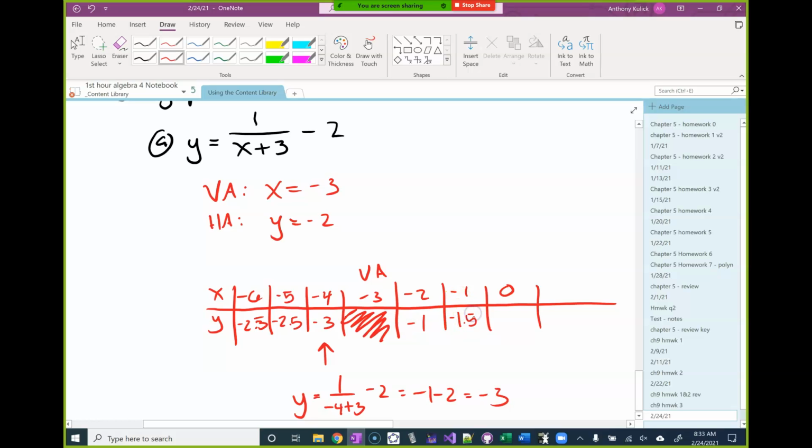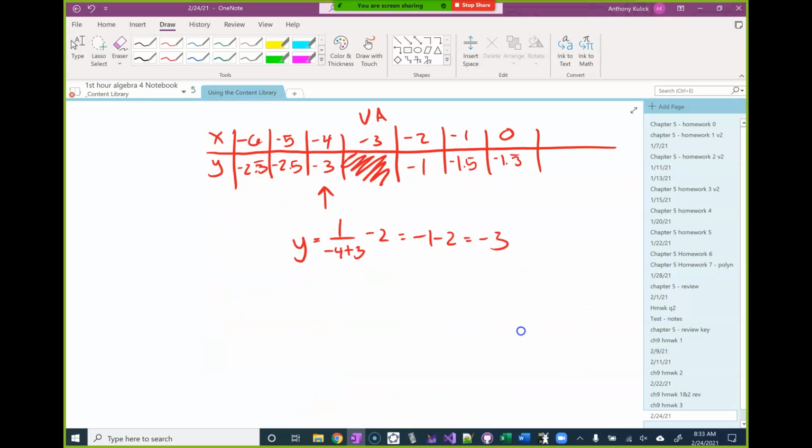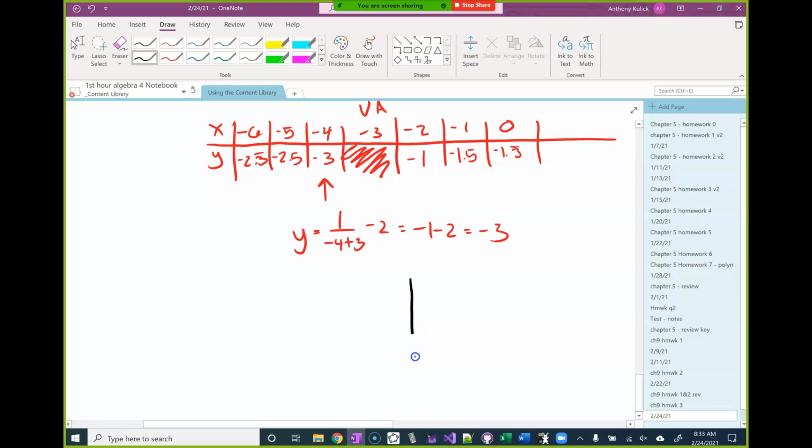So I'm going to draw my graph now. Really just this side of it. 1, 2, 3, 4, 5, 6. 1, 2, 3.